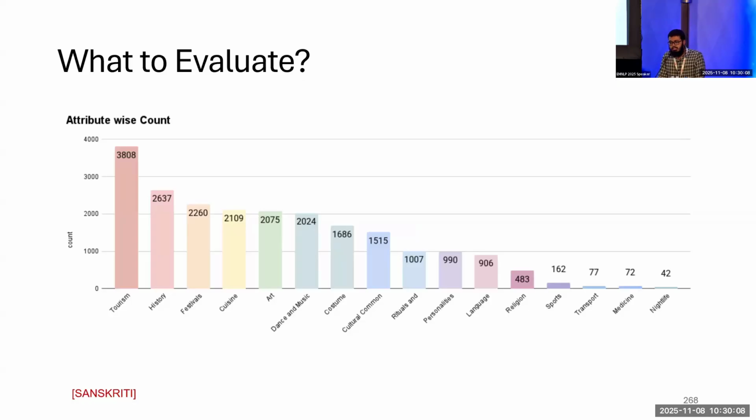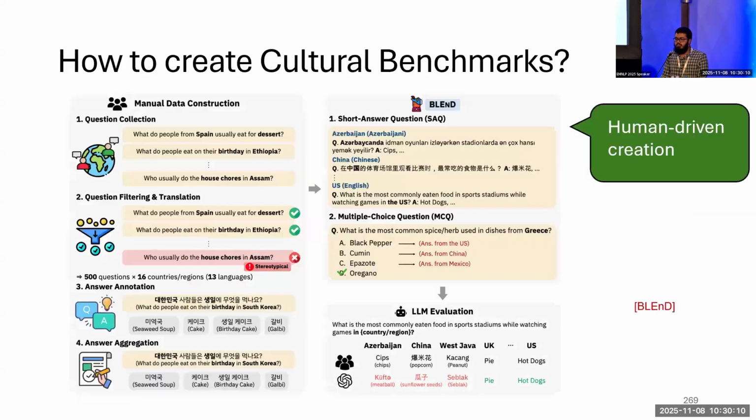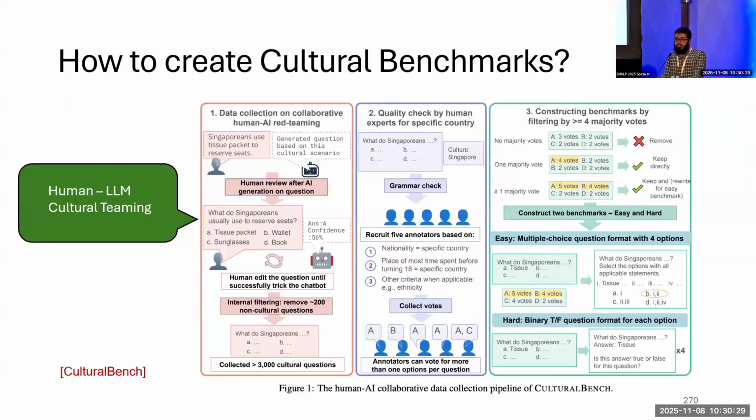And how to create these cultural benchmarks, I'll again quickly go over. One approach is, of course, human-driven creation, wherein you hire a bunch of people or you get a group of people together, ask them to write questions for your particular culture, then you just evaluate a bunch of models. The second approach is something called LLM-human cultural teaming.